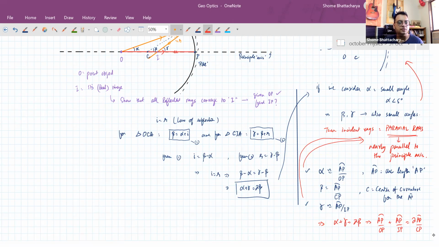This is the theoretical proof that we'll get an actual image at the point I. Of course, we can conduct an experiment and verify it. And not only is this a proof that we will get an image at that point I, but it gives us, more importantly, the formula for the relationship between object distance and image distance.